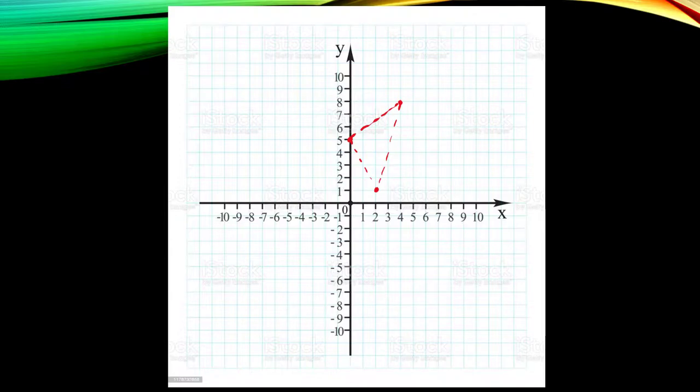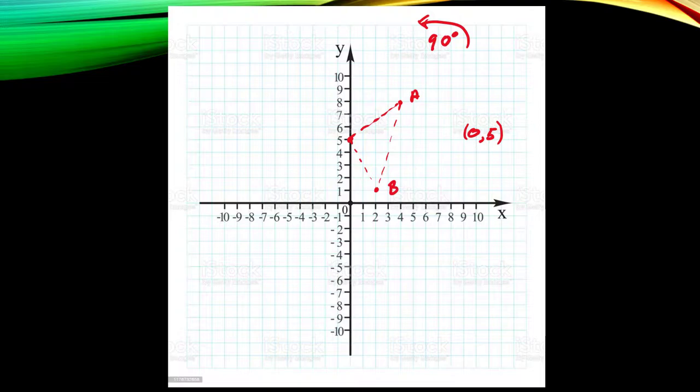And I want to rotate it 90 degrees counterclockwise, and our point of rotation will be 0, 5. That's the point of the triangle that touches the y-axis. This will be point A. This will be point B.